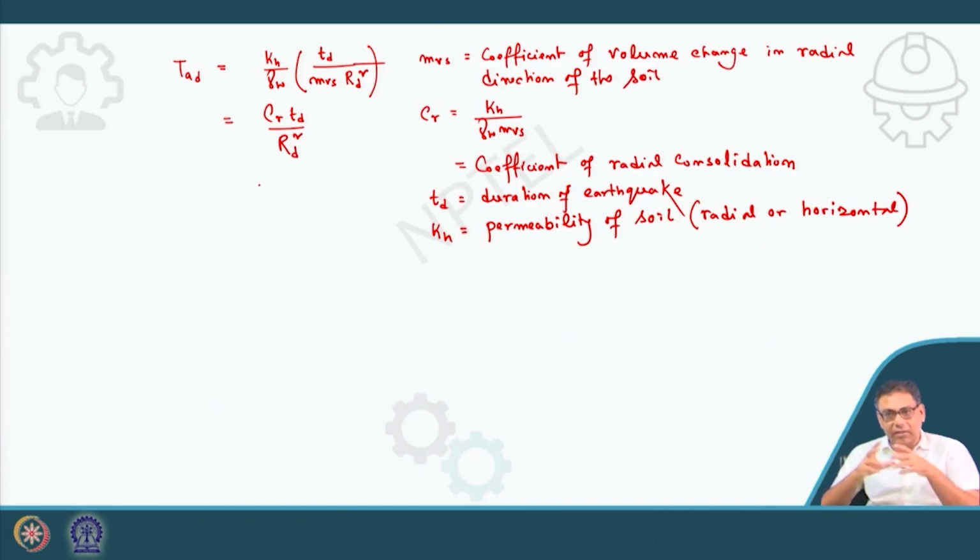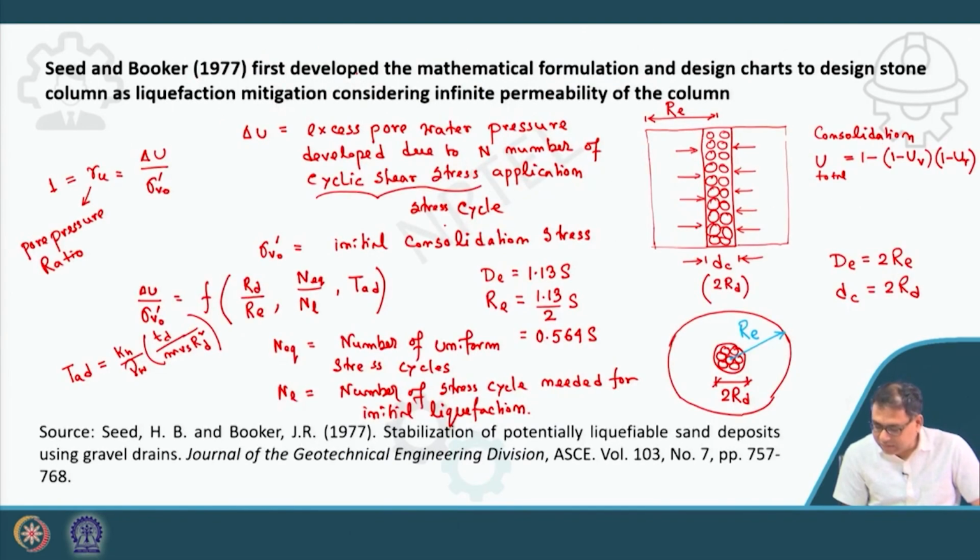In vertical consolidation, it is expressed by C_V T by H square, where H is the drainage path, but here T_AD is written not in terms of the drainage path, but in terms of the radius of the column. So T_AD is K_H by gamma_W into T_D, m_vs R_D square. R_D is the radius of the drain, remember that.